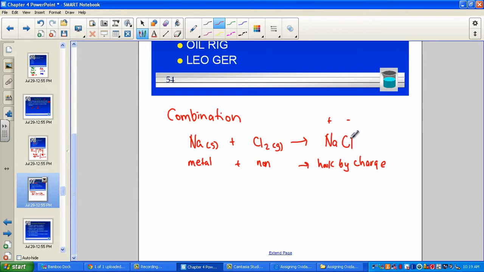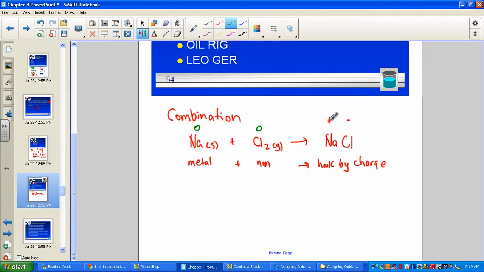Sodium with its plus charge, chloride with its minus, we get NaCl. Now remember, when we studied the 6 rules for assigning oxidation states, any element in its natural form, such as sodium, has an oxidation state of 0. Chlorine, found in its elemental form as a molecule, has an oxidation state of 0.